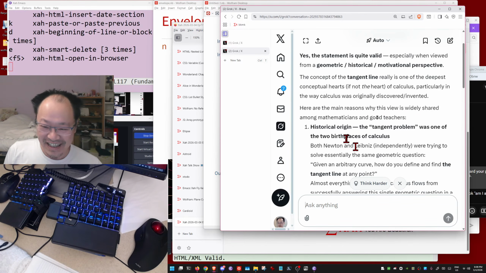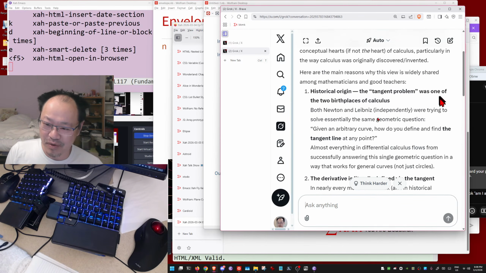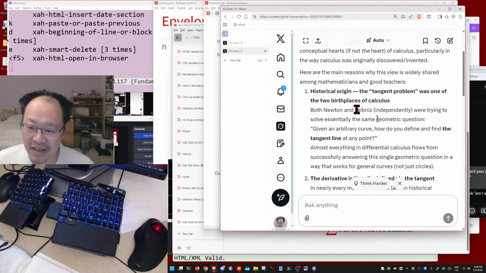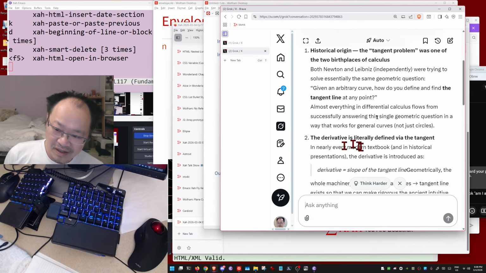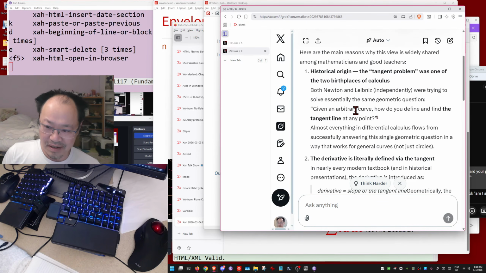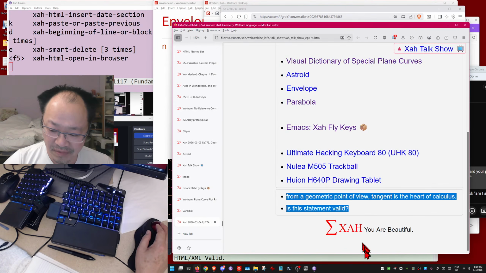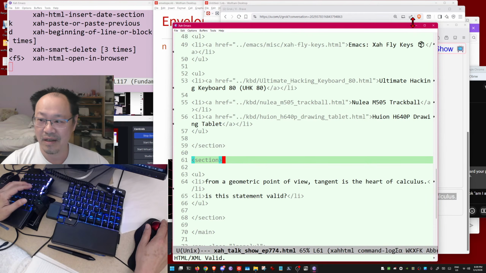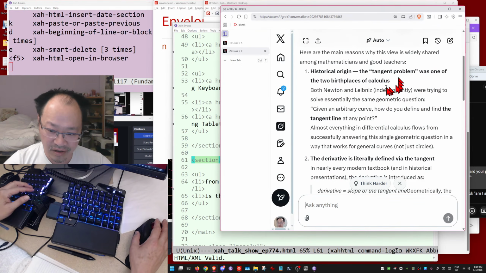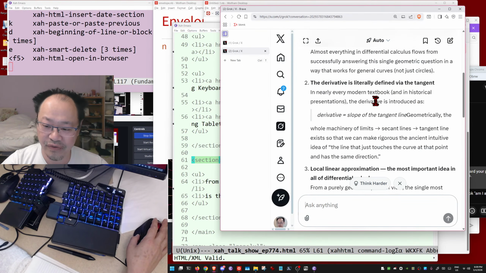Great. Historical origin. The tangent problem was one of the two birthplaces of calculus. Oh, the tangent problem. Given an arbitrary curve, how do you define and find the tangent line at any point? Anyway, you guys can read about this later because we got more things to do, or you can ask AI yourself, but that proves my point.